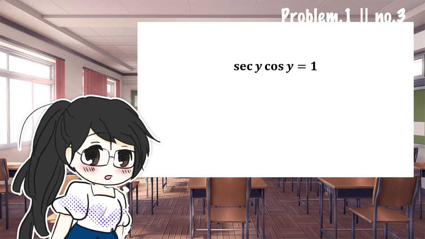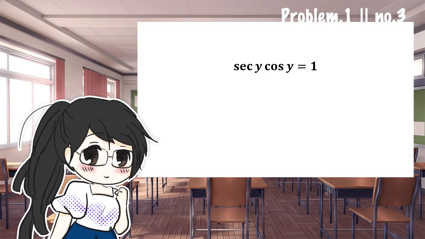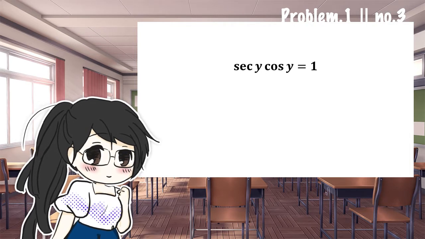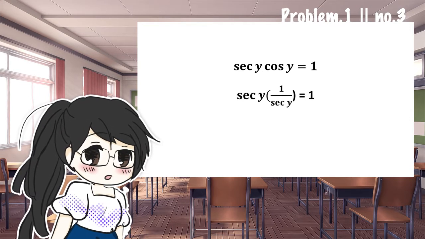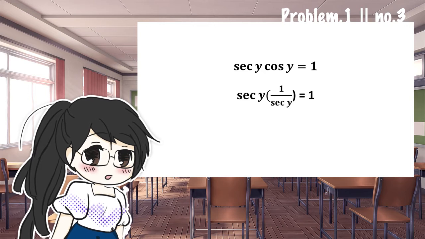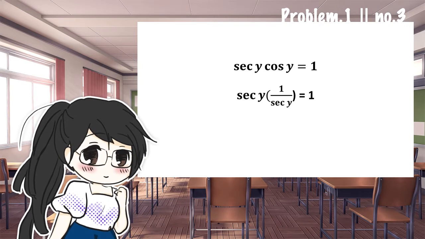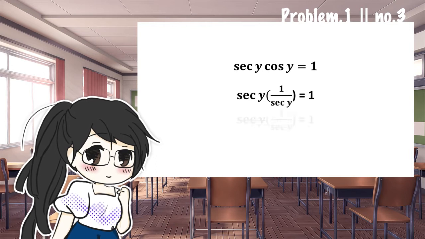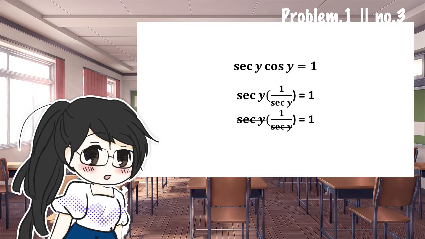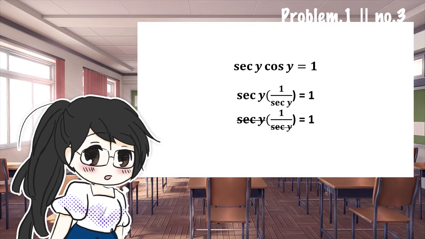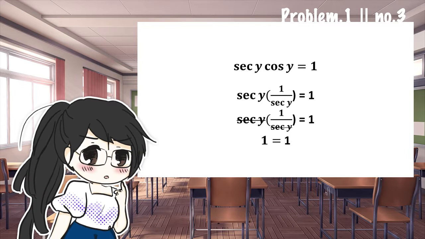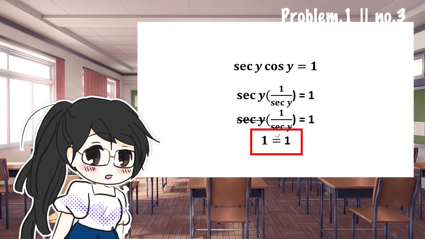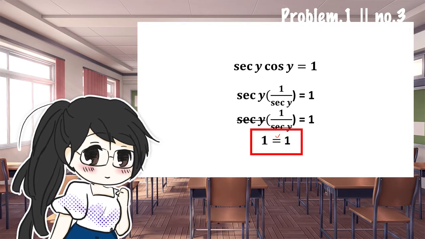If we keep secant as is and substitute the formula of cosine, we will have secant y multiplied by 1 over secant y. With this, we can already simplify it. We will cancel out both the secants, and when we cancel them out, we will have 1 equals 1, thus proving that it is indeed a trigonometric identity.